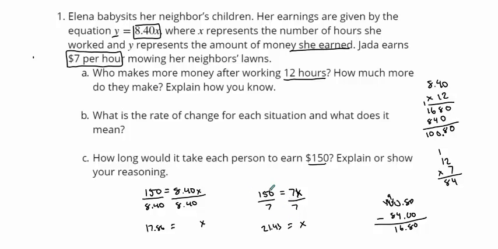So we can see, since Jada earns less money per hour, it takes her a little longer to reach $150, right? It takes her a little bit longer than Elena, because Elena makes $8.40 per hour, and Jada only makes $7 per hour, so it takes her a little bit longer to reach that 150 mark.